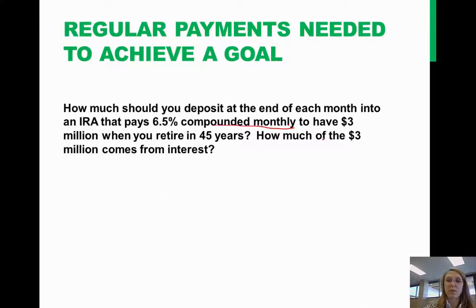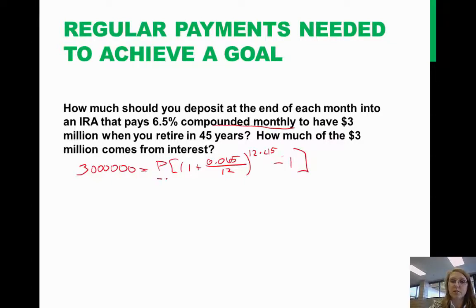Okay, how much of the $3 million comes from interest? So first of all, let's go ahead and find, we know that A in this case is $3 million. We do not know what our P value is, so I'm going to leave it as P. So it's going to be 1 plus 0.065 divided by 12, since it's compounded monthly, to the 12 times 45, minus 1.